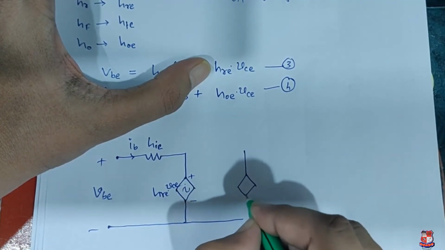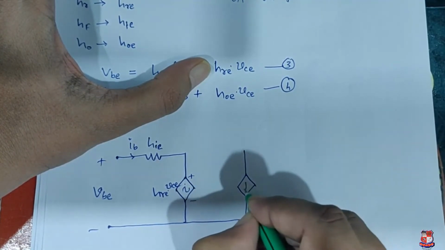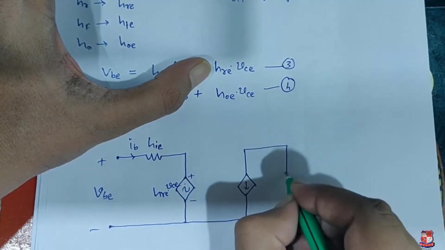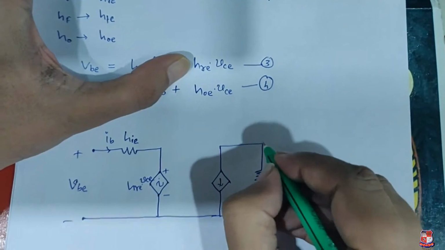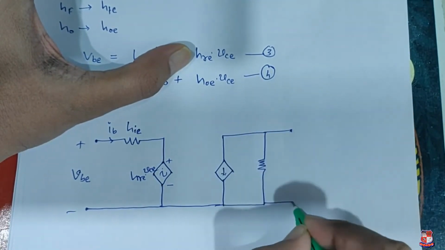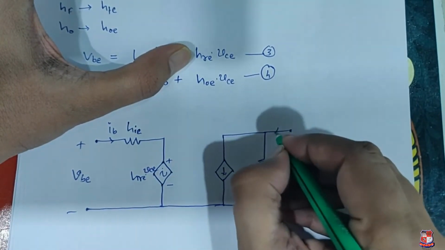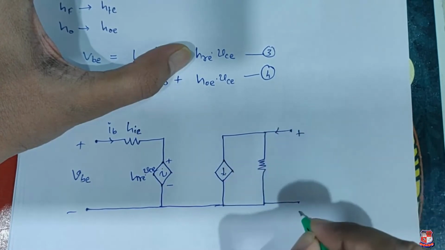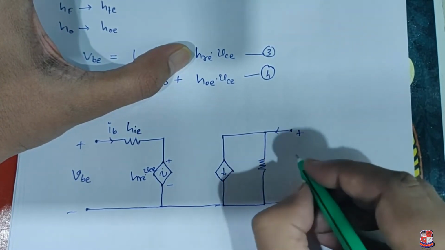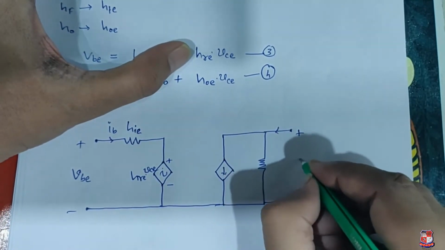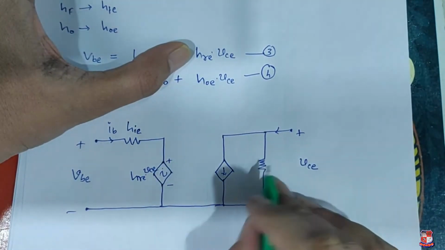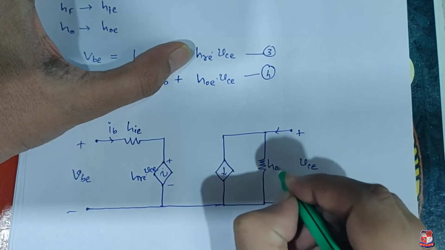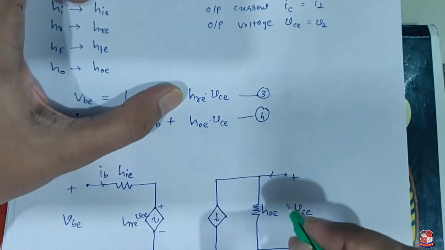Now this way, this will be the dependent current source, and this will be the output admittance. So here we are applying the voltage V2. So this is not V2, this is VCE. Okay, this is HO, so it becomes HOE.